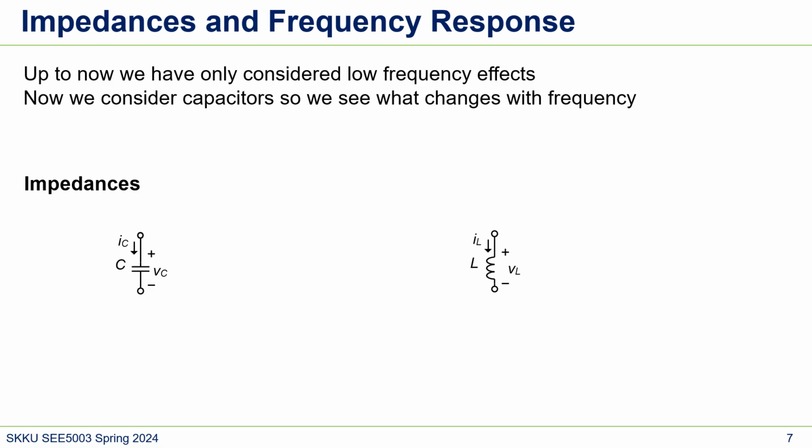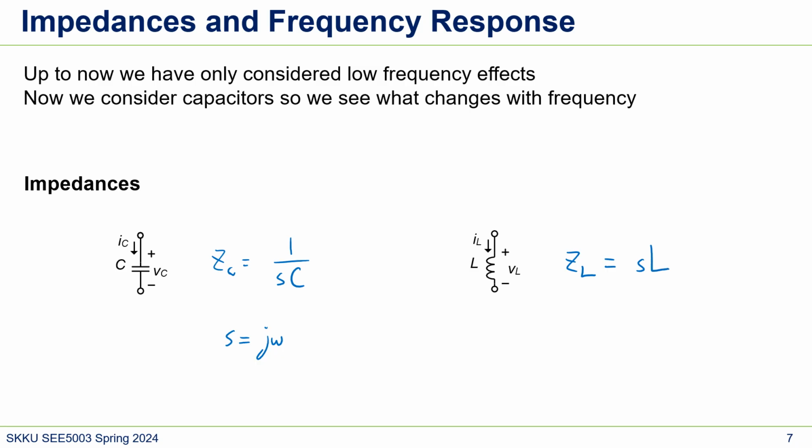The impedance here is 1 over SC, and for S we will put j omega, where j is the imaginary number. And the inductor impedance would be SL.